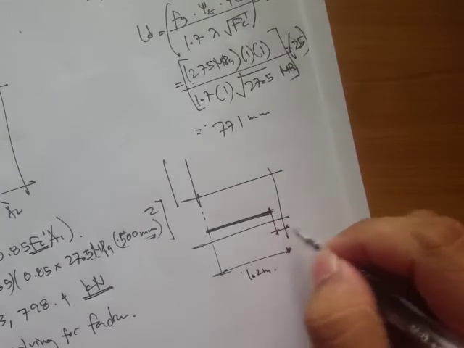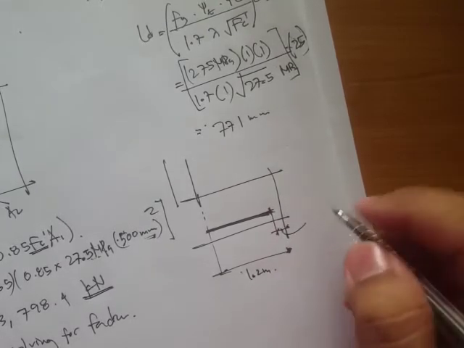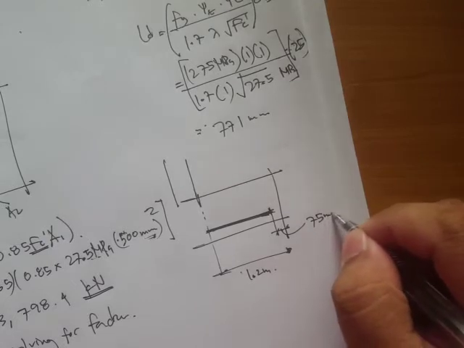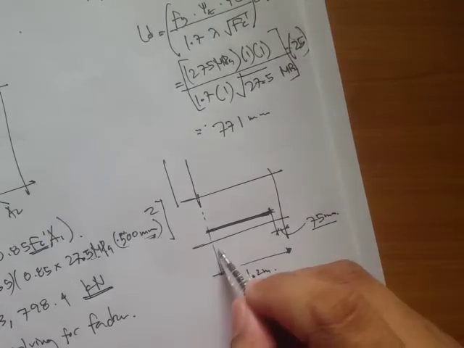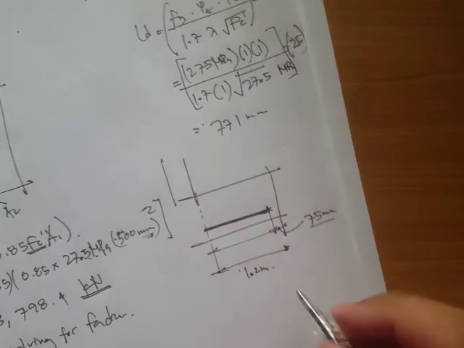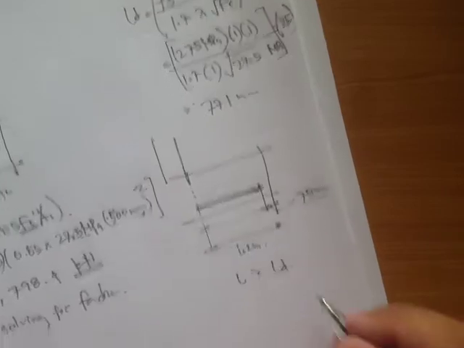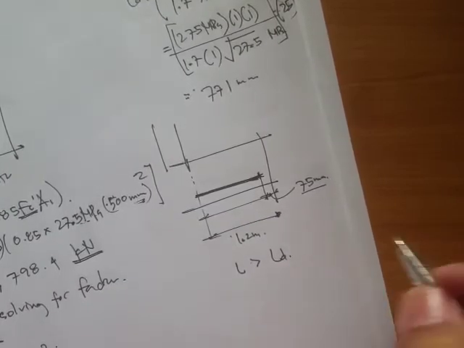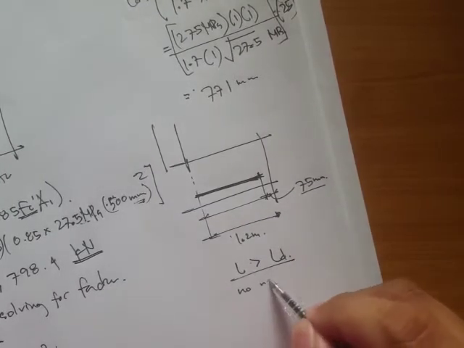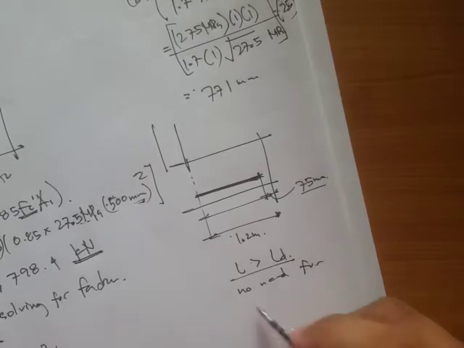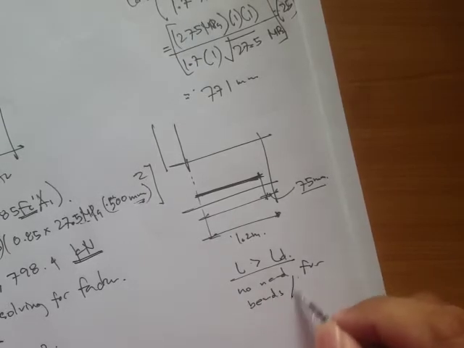We have to subtract a concrete cover of 75 mm here, and what's left remaining is actually greater than the development length, so no need for bends or hooks.